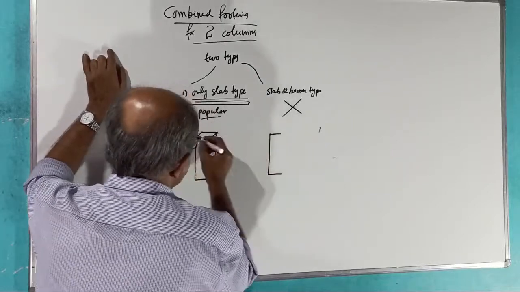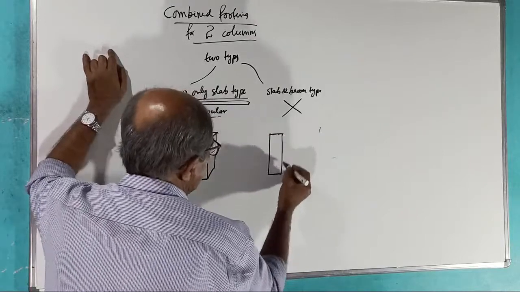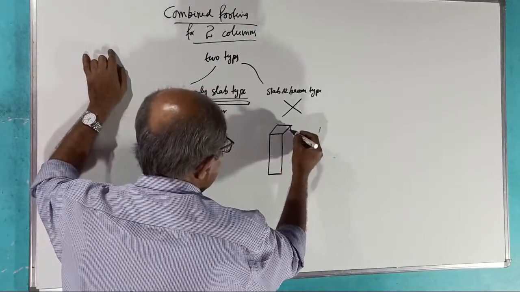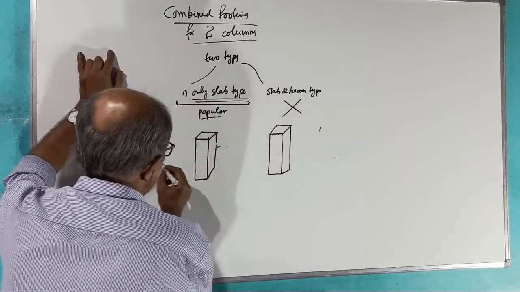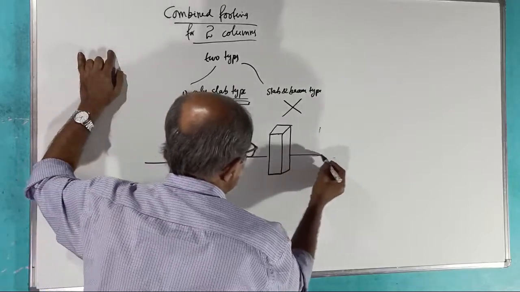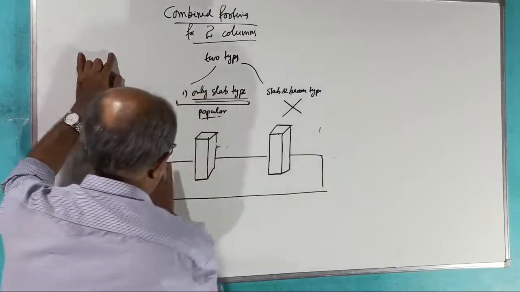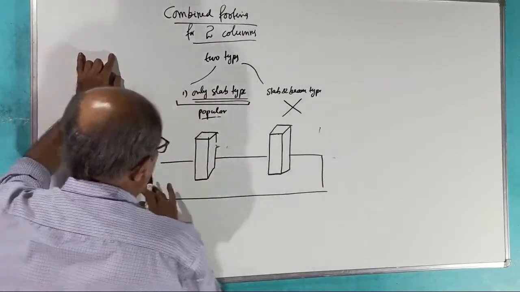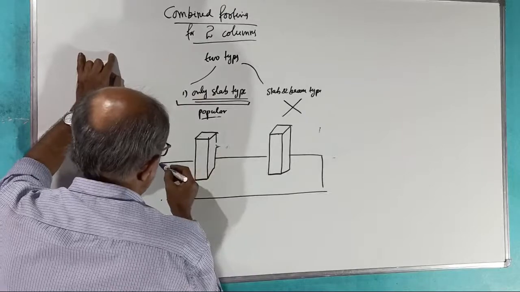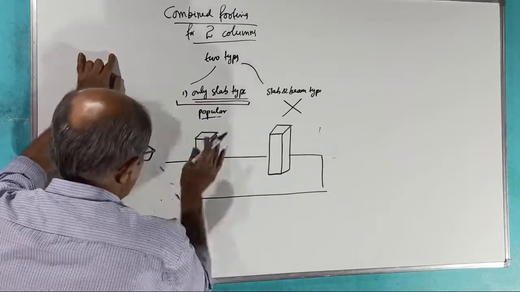One more column here. Then this is only slab. I should go a little this way.